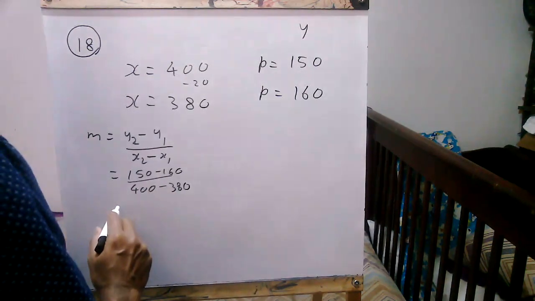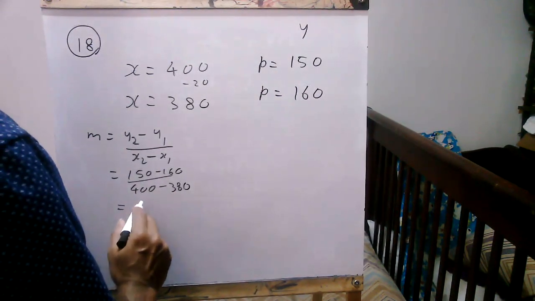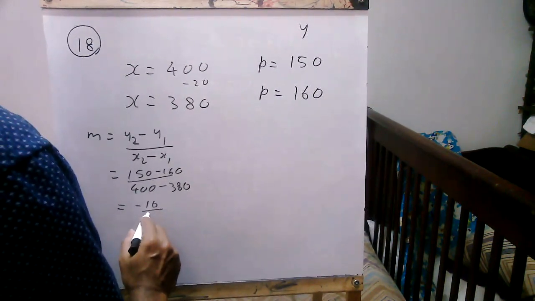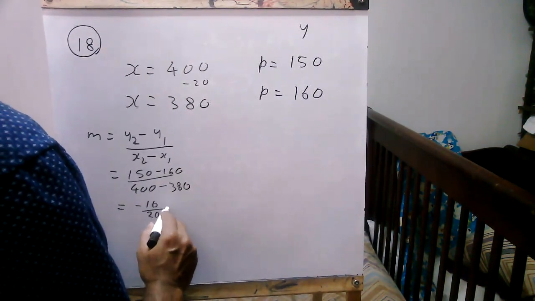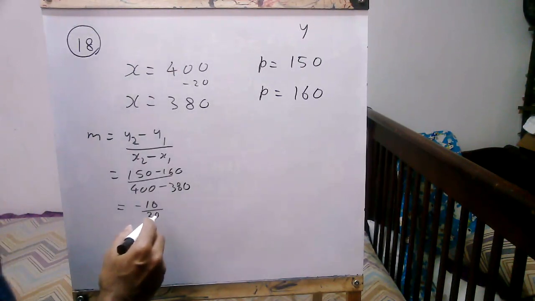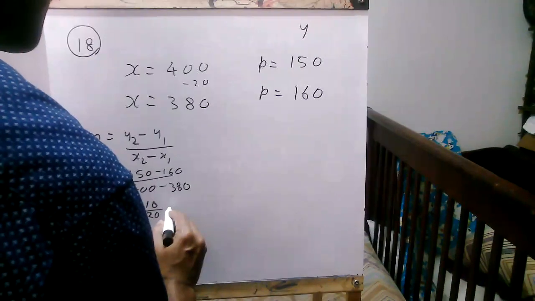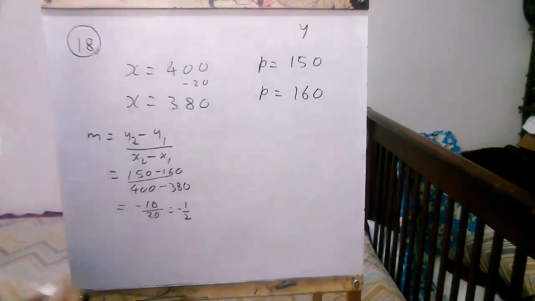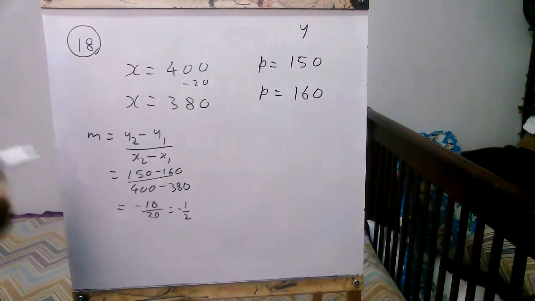This is negative 10 over 20, which is negative 1/2.